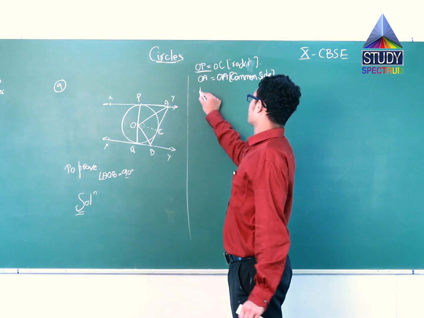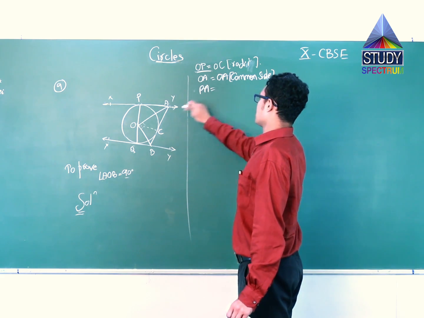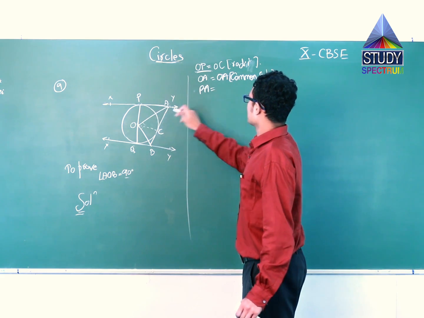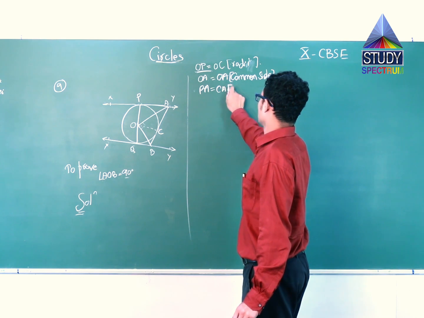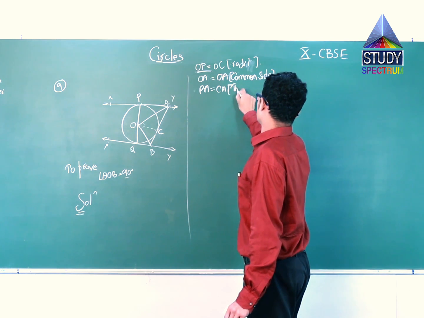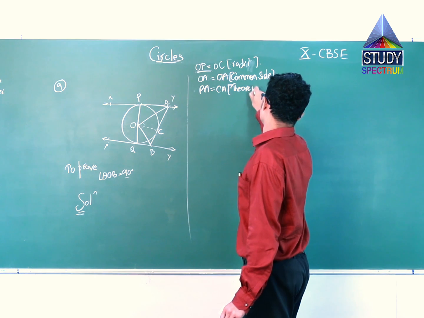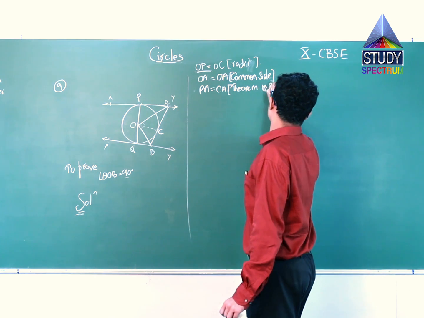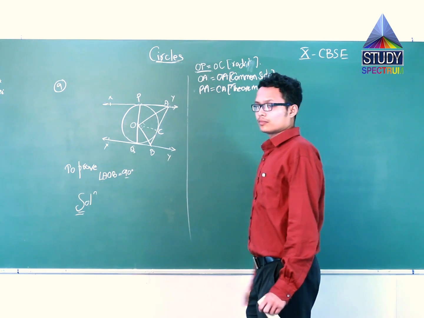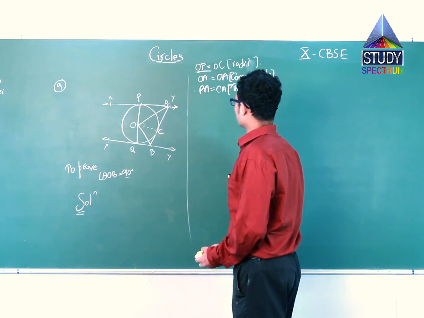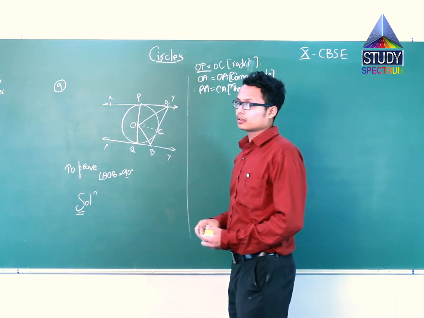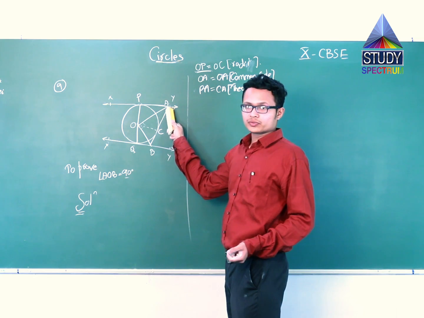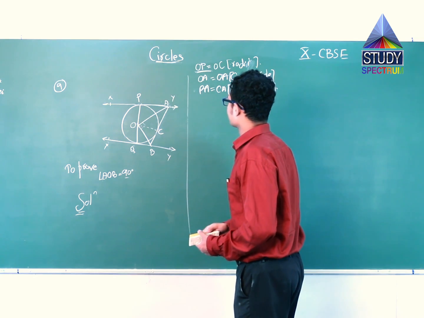So I'll write PA is equal to CA from theorem 10.2. Or you can write in bracket that tangents from a point external to the circle are equal in length.